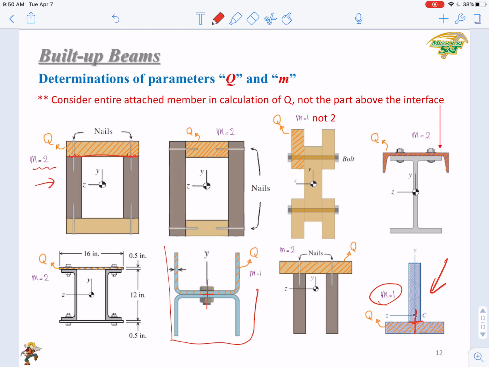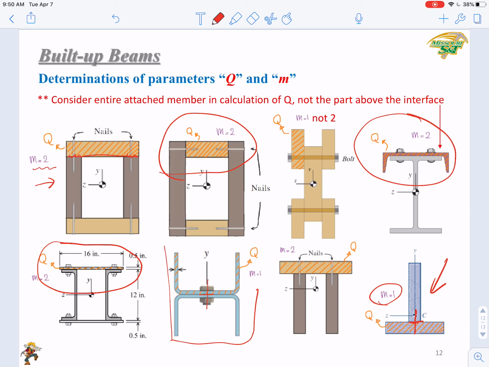So M equals 2. And in this example, again you have 2 rows of nails, so M equals 2. And here, 2 rows of bolts, so M equals 2. And here, 2 rows of bolts, M equals 2. And here, 2 rows of nails, so M equals 2.